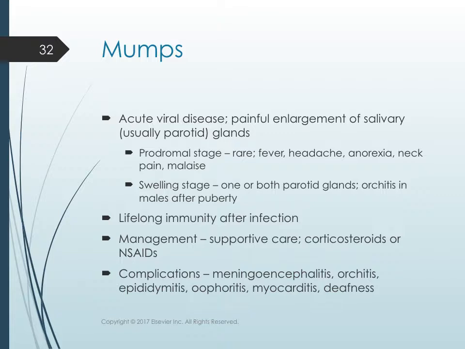That can actually lead to sterility. Once a child has been infected with mumps, they have lifelong immunity. And again, it's supportive care, and you would diagnose it with a mumps antibody test.